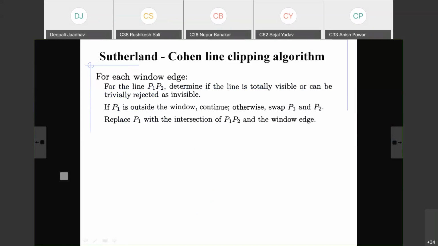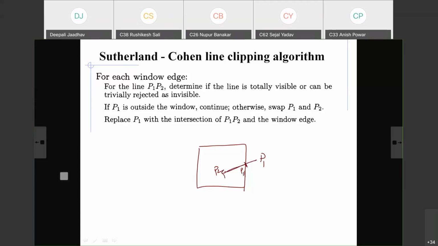Otherwise the line intersects the window. In that case, if P1 is outside the window and P2 is inside the window, then continue: find this intersection and replace P1 with the intersection point. Now it becomes P1 and this is the line we are going to draw.